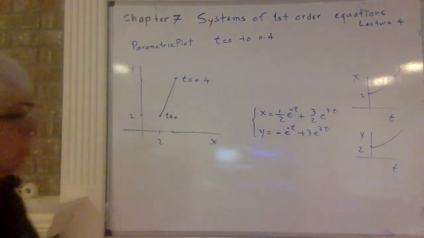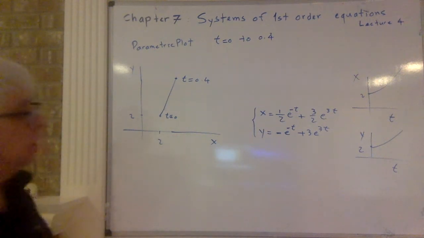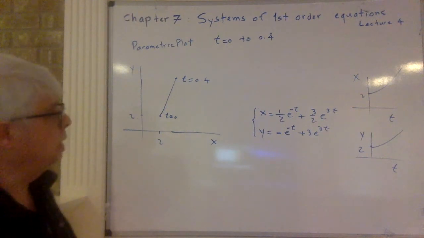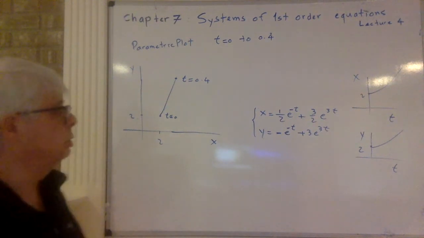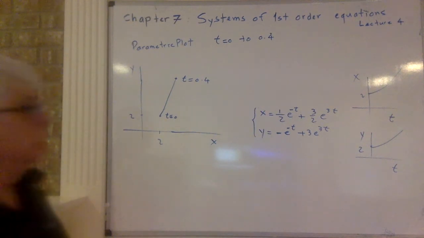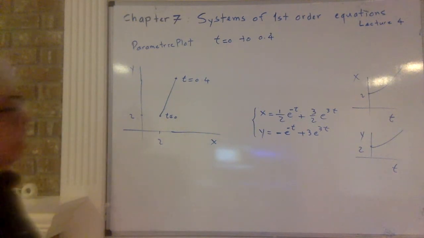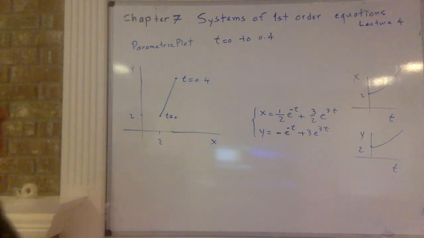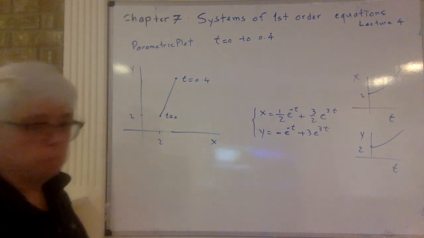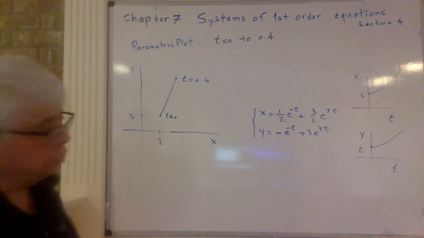But if I consider them as x and y coordinates of a curve, then remember the parametric equations were introduced in the context of motion of a particle, which means we wrote down the x and y coordinates of a particle moving in the plane as functions of time.